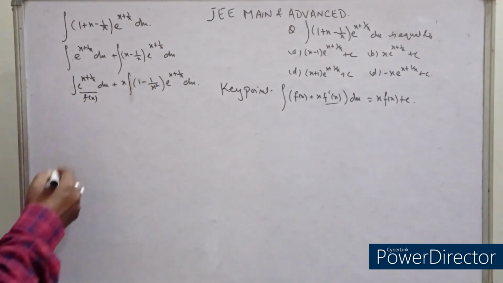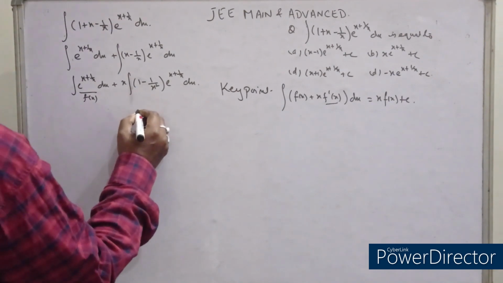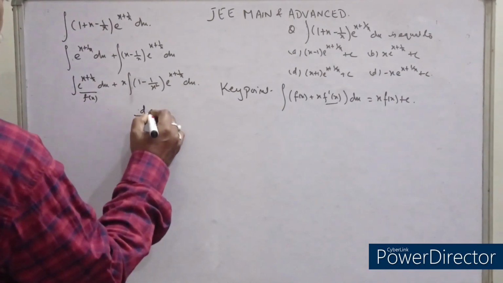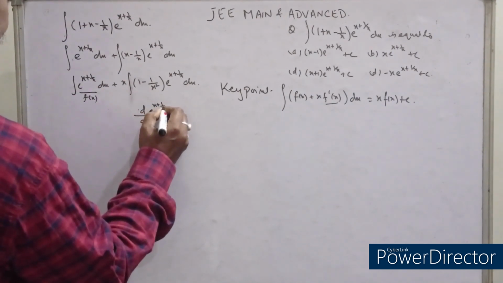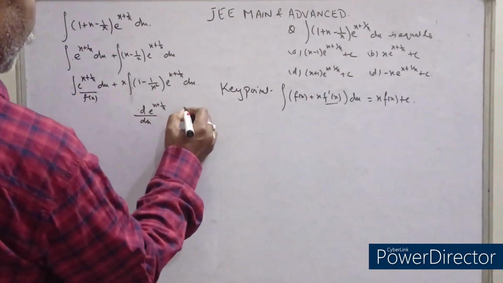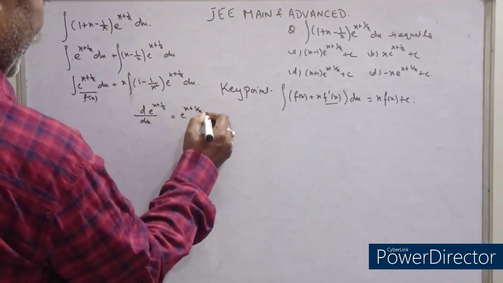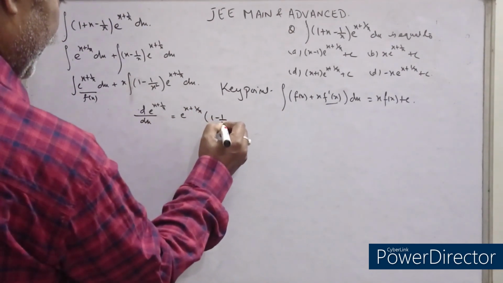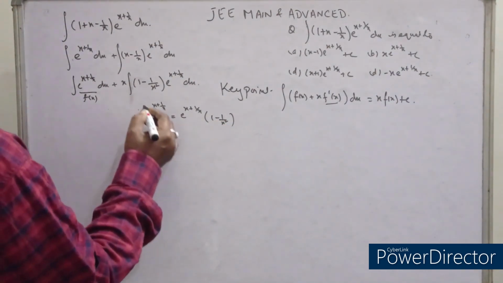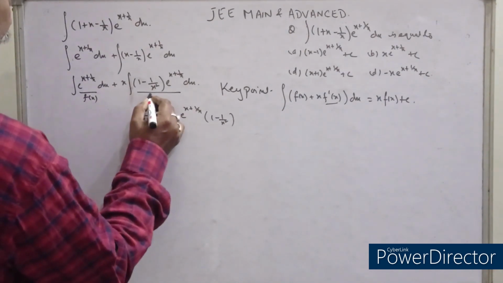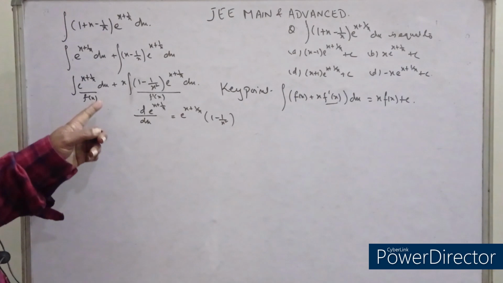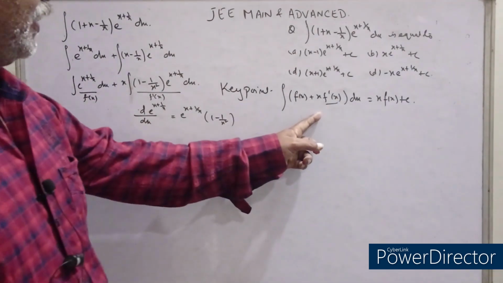If you differentiate it, what you are going to get? When I differentiate e to the power of x plus 1 by x, there will be the chain rule, so this will be e to the power of x plus 1 by x and then 1 minus 1 by x square. So here you see that this is your f dash x. So now see, it satisfies this.